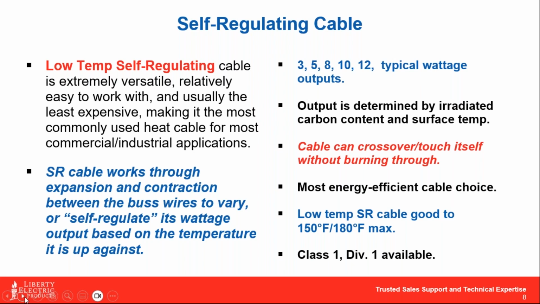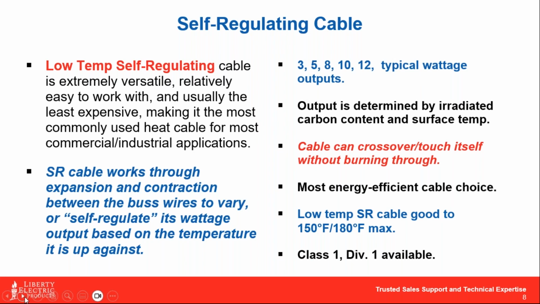It's an industry standard that when we tell you it's a 3, 5, 10, or 12 watt a foot cable, that's what it puts out at 50 degrees F. The colder the surface temperature it's up against, the more heat output the cable delivers. Conversely, the warmer the cable gets, the less heat it wants to put out. We'll talk about some of those limitations in a second as well.